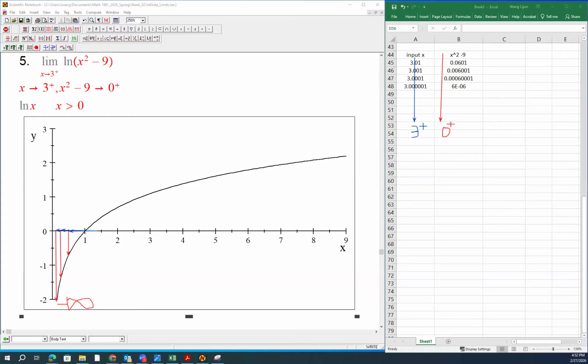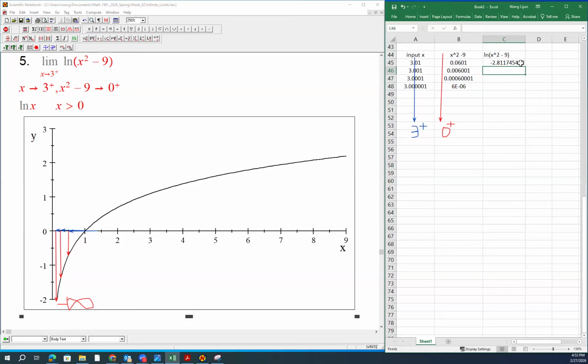If we take the natural log of x squared minus 9, that's going to be ln, and the input is from here.